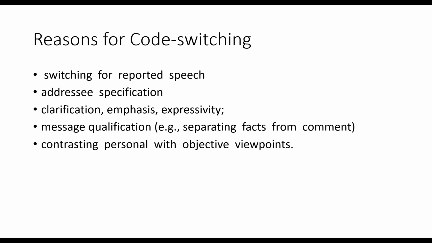And so really sort of separating almost professional from personal. So there are all those types of ways you can look at it. And that then mixes with the next point, contrasting personal with objective viewpoint. It's very much related. So these will be your reasons for code switching.